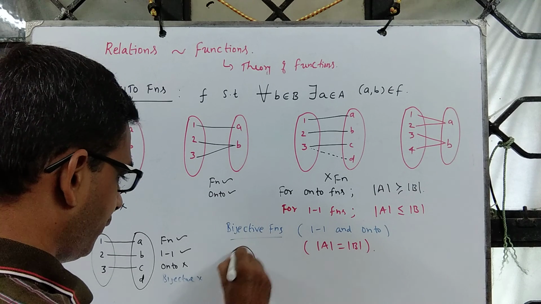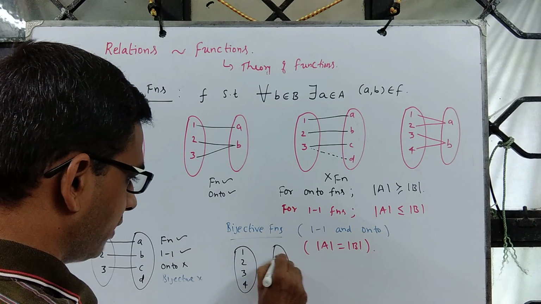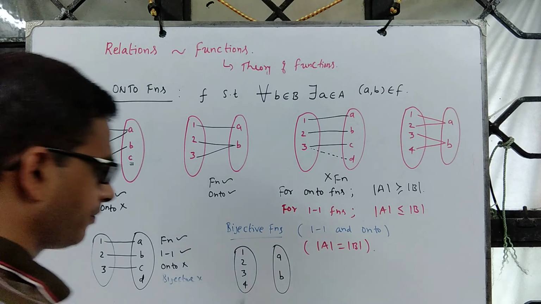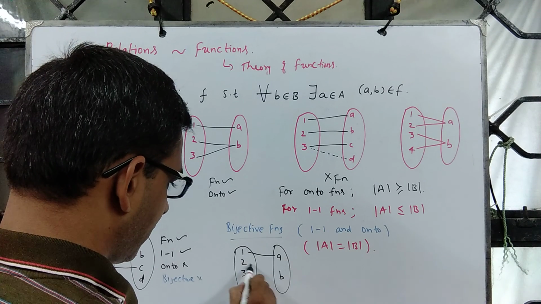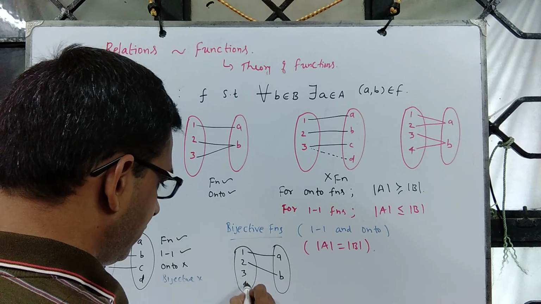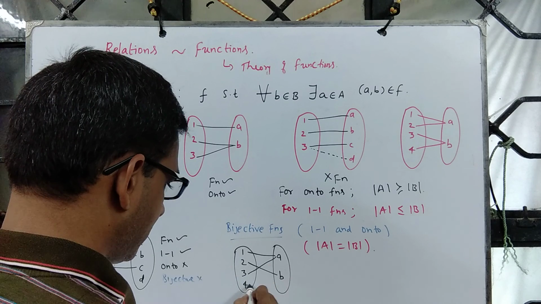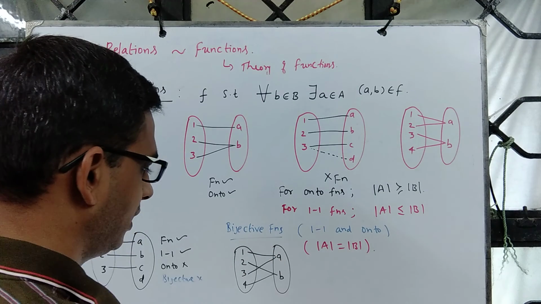So now if you have something like 1, 2, 3, 4 and on this side it's A, B, then what happens, you can do this, then it's a function, so this should have a map, this should have a map, so either you map it to this or you map it to this.